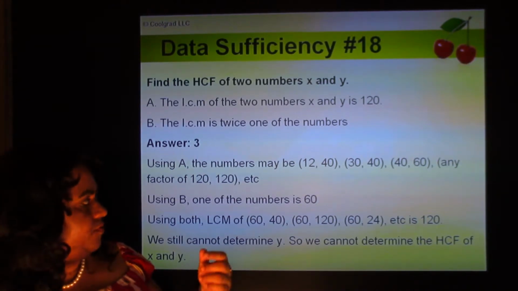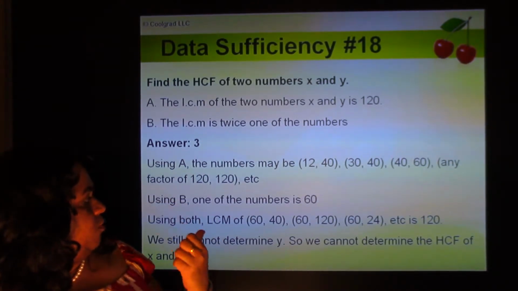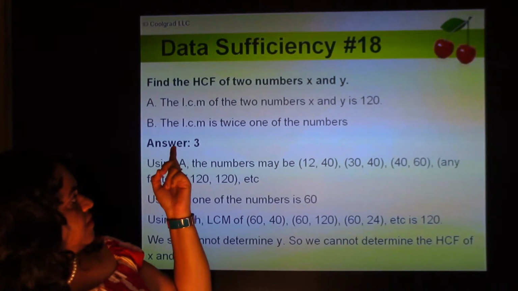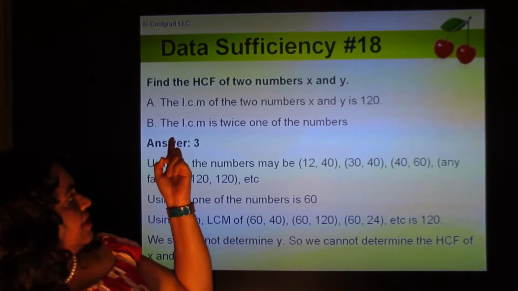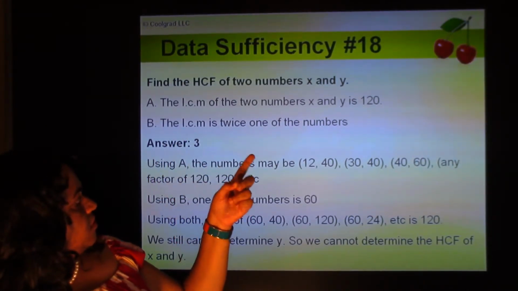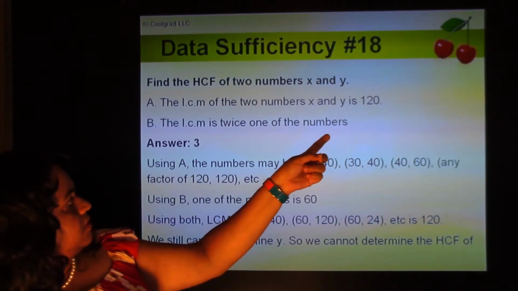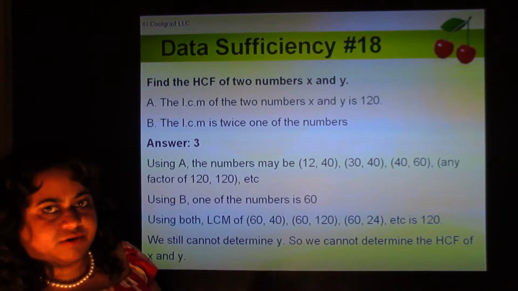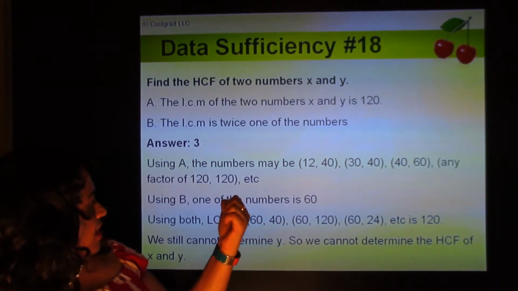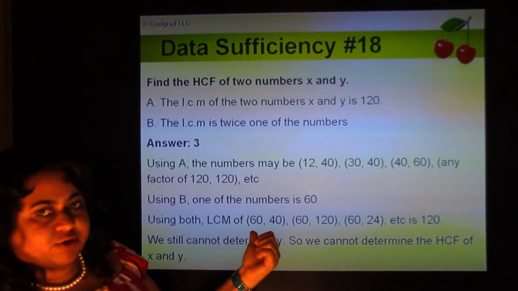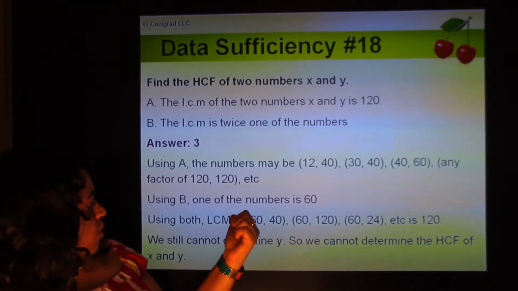Okay? So using B alone, it says the LCM is twice one of the numbers. So using B alone, we cannot solve it either. But using both the statements together, what can we get?